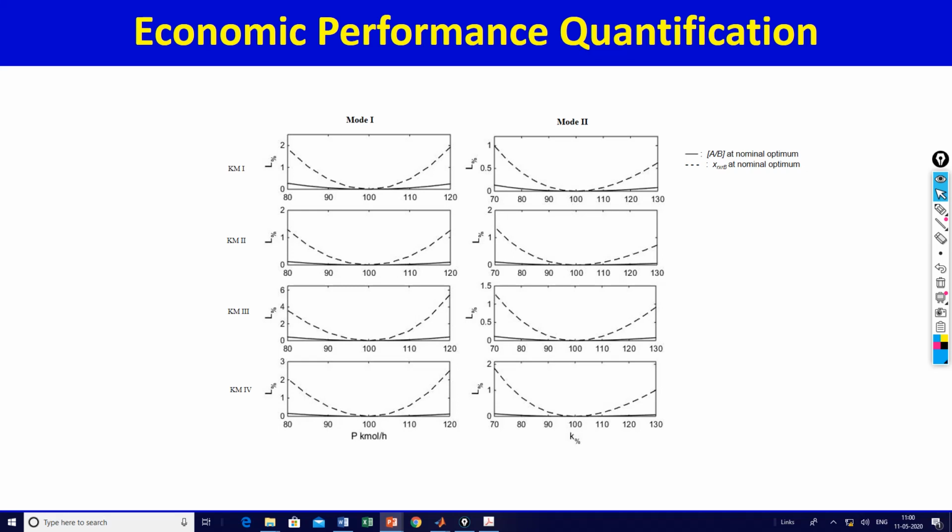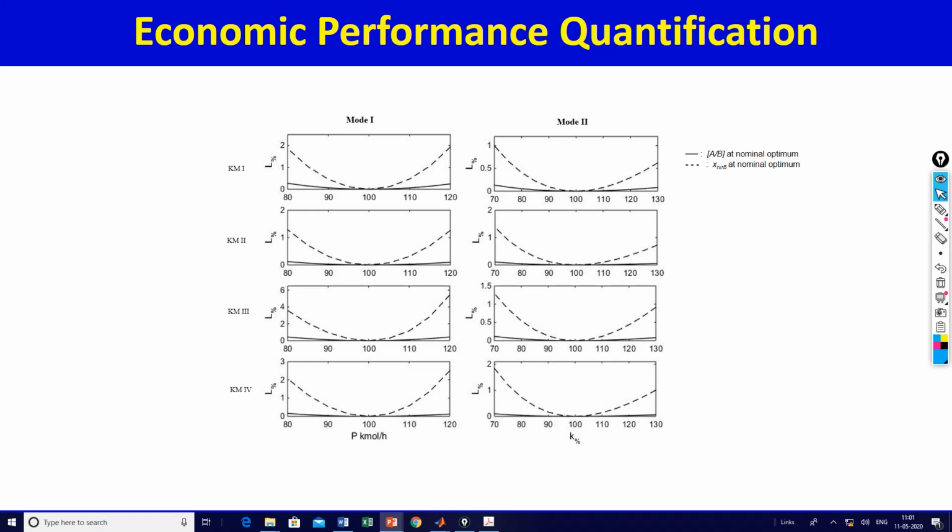Kinetic model 3, 4%, 5.5% extra boil up. Kinetic model 4, 2%, 2.5%. Here it may be 0.1, 0.2%. So for mode 1, there is a significant economic advantage to holding the A by B ratio in the reactor compared to holding X reactor B, which is the conventional practice.